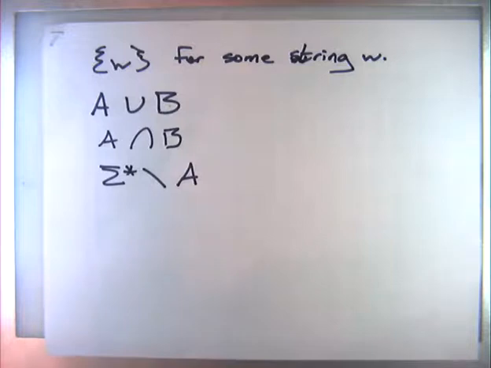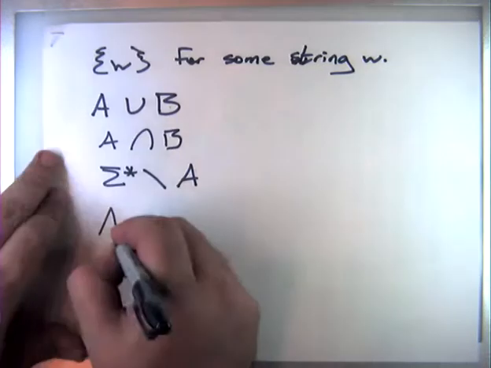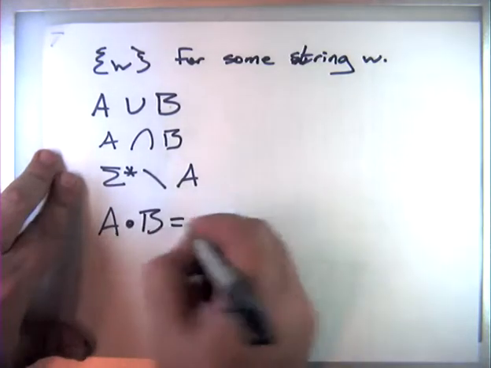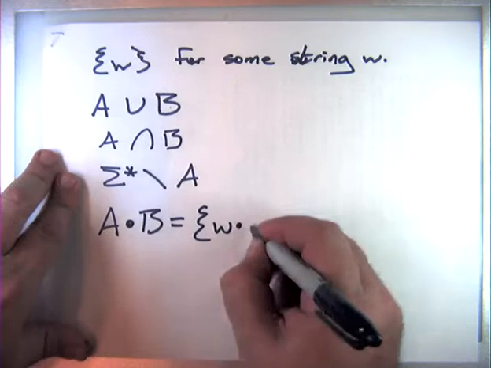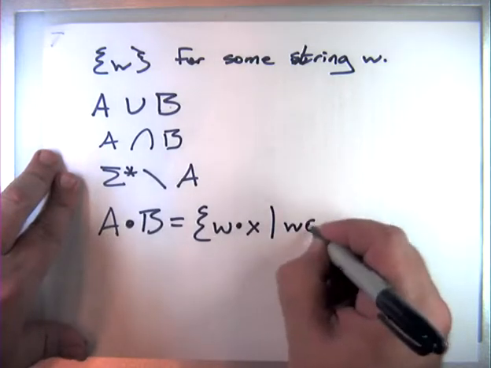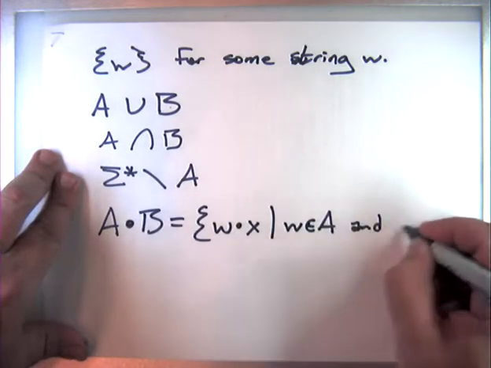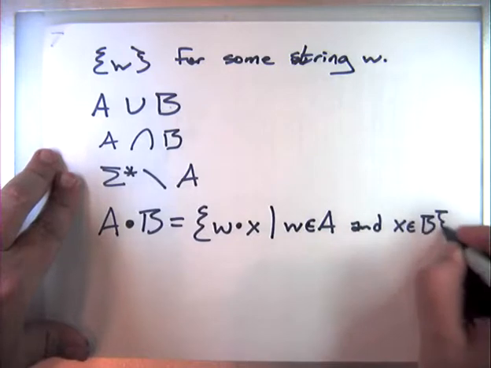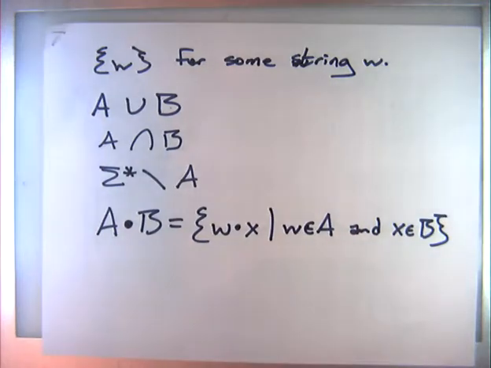We can do other things with languages, like I can define the concatenation of two languages to be what you get when you concatenate an arbitrary string from the first language and an arbitrary string from the second.